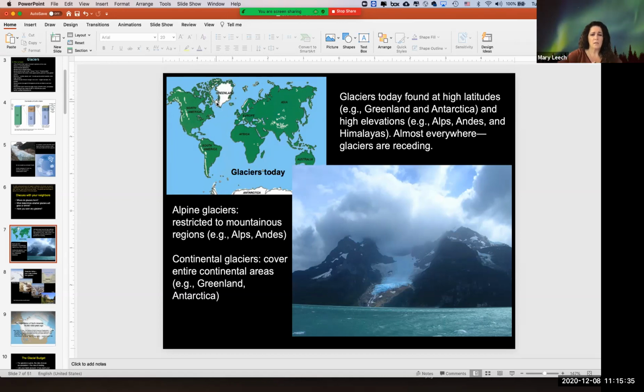That is a continental scale glacier. It covers large regions of continents. I'm not saying it's all one glacier, I'm sure it's broken up in places, but that's different. They're both glaciers though.